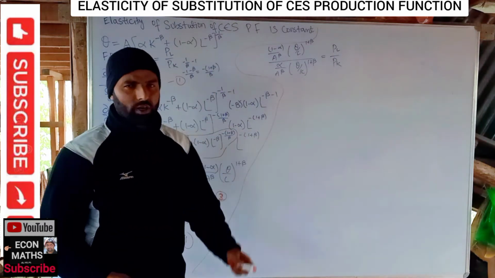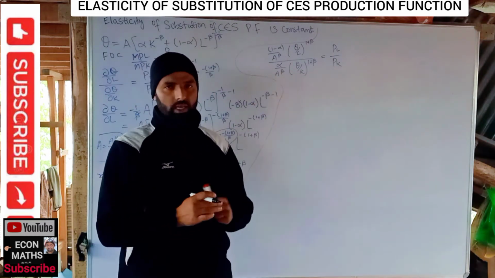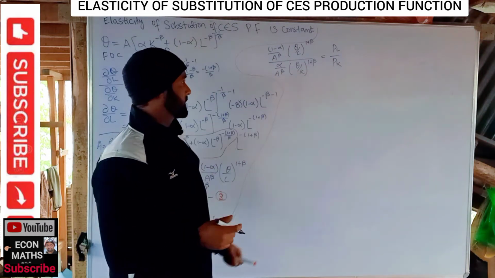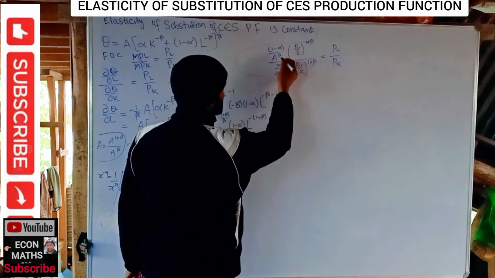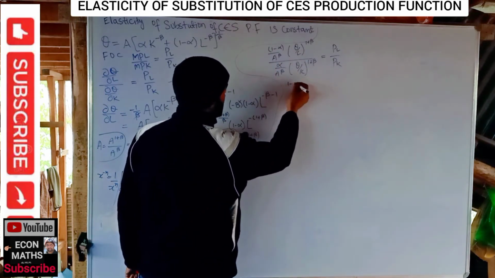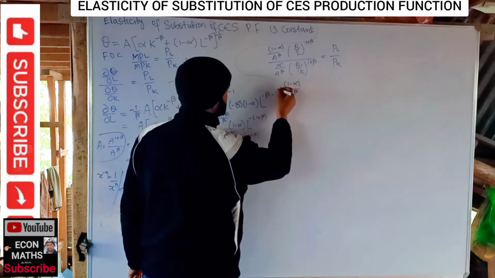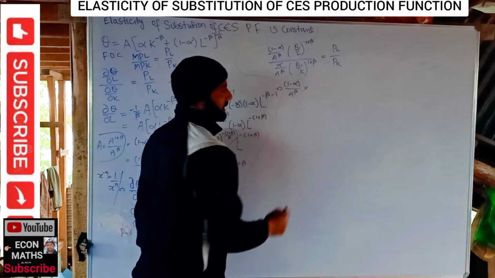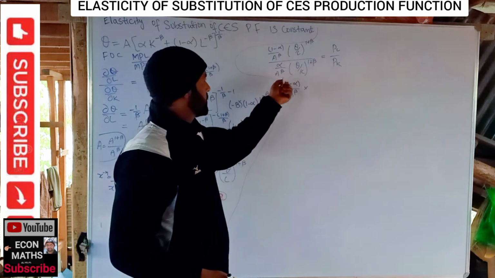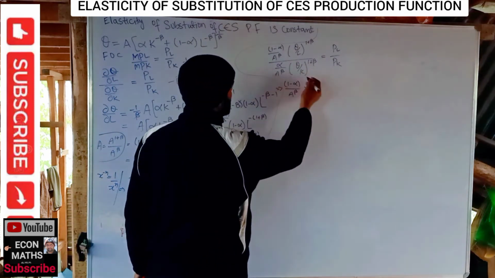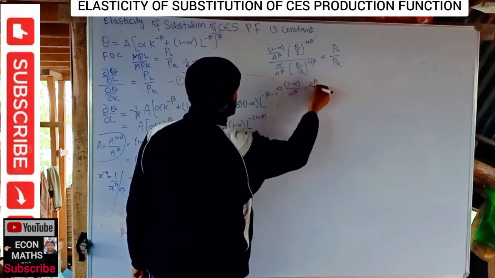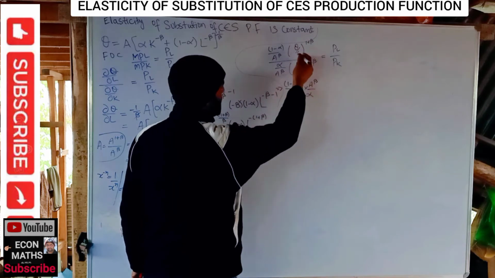Now further solving this very expression, this can be written as (1 minus alpha) divided by A to the power beta, times reciprocating this denominator, this will become A to the power beta divided by alpha. Similarly, we can expand this.